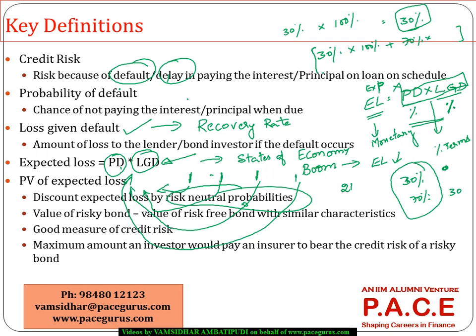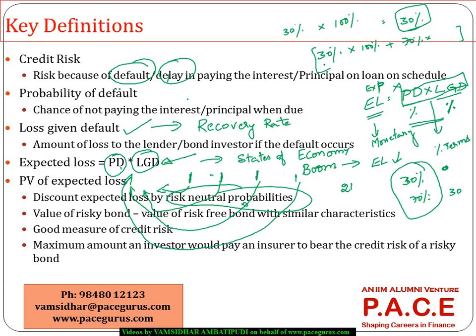So we are coming up with cash flows which are risk neutral probability based cash flows, and arriving at the present value of them. That is an indication, because we discount using a risk neutral probability.